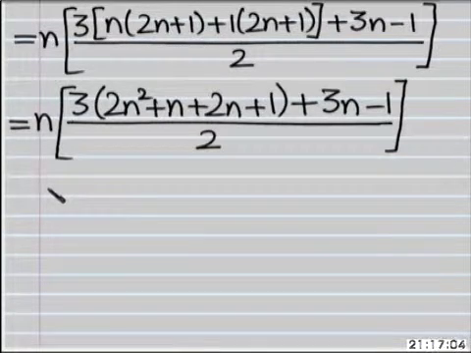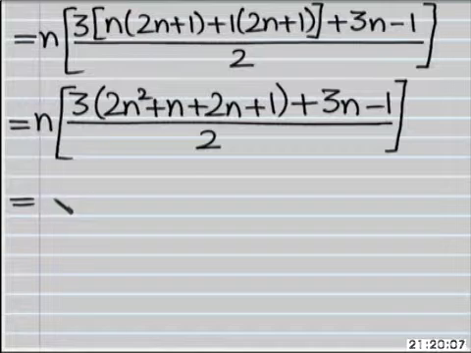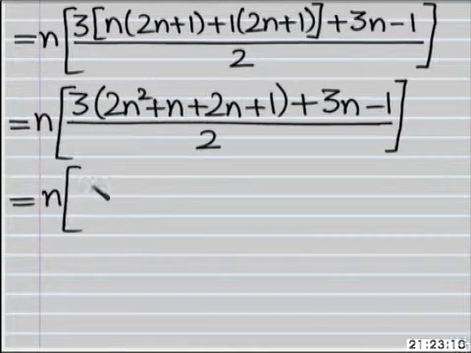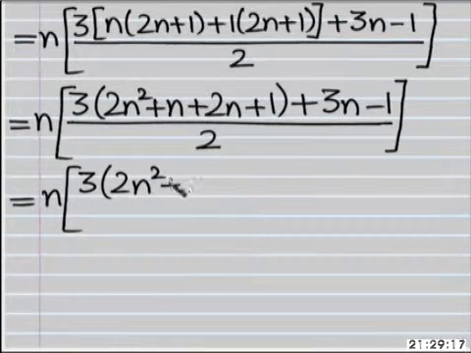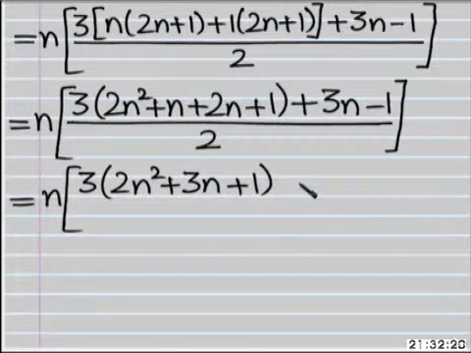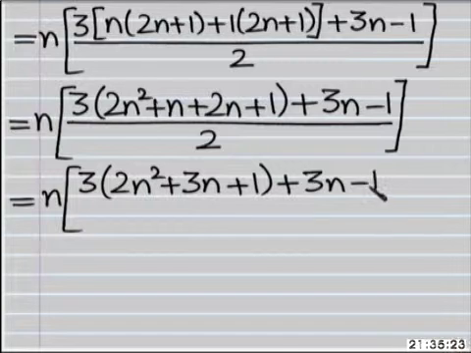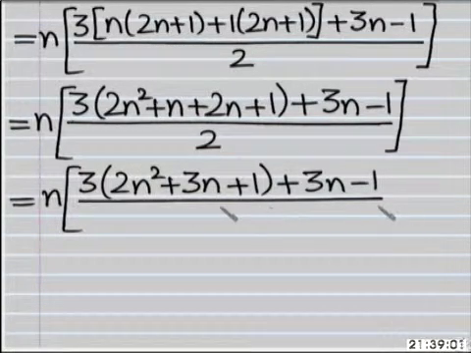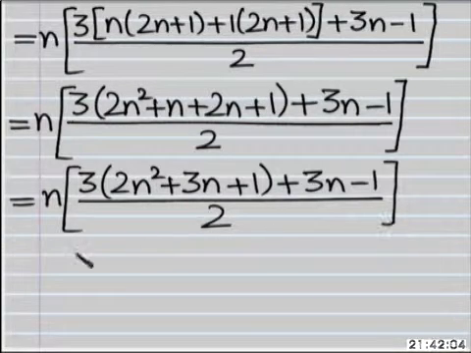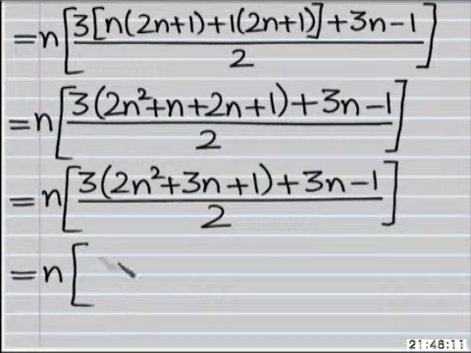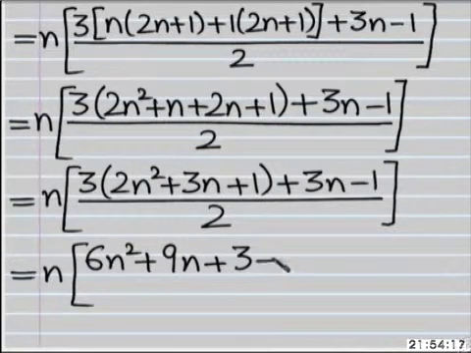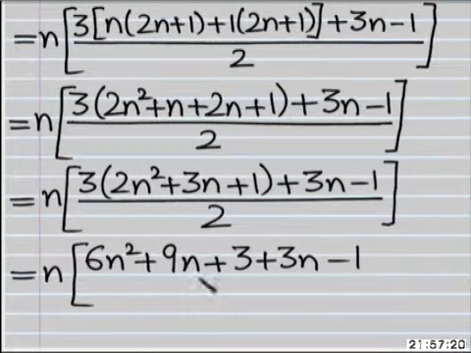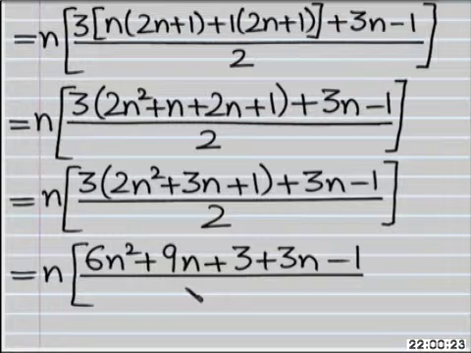So, the sum of the given series, that is Sn, is further equal to n whole multiplied by 3 whole multiplied by 2 into n square plus 3 into n plus 1 plus 3 into n minus 1 whole divided by 2, which is equal to n whole multiplied by 6 into n square plus 9 into n plus 3 plus 3 into n minus 1 whole divided by 2.